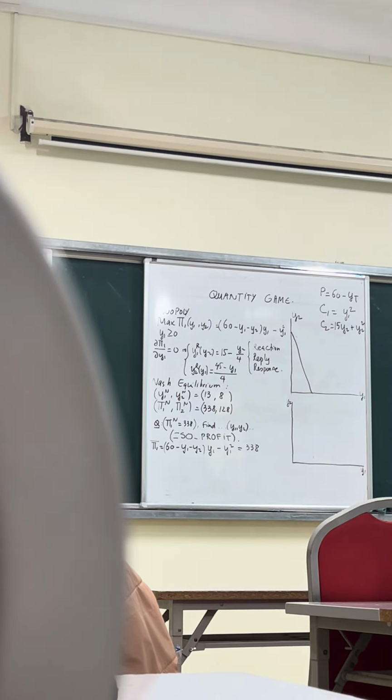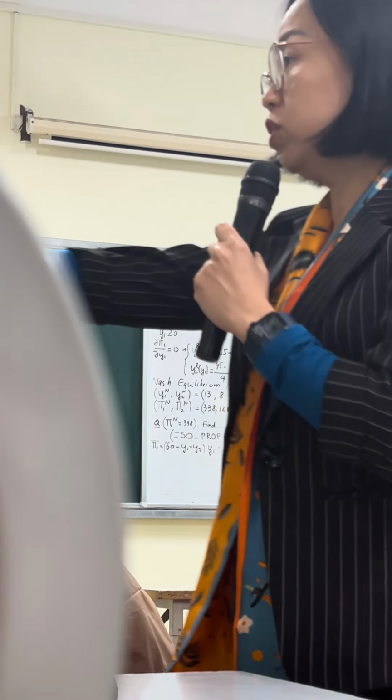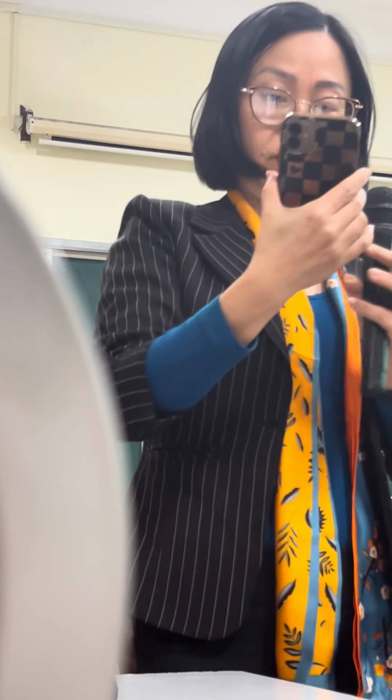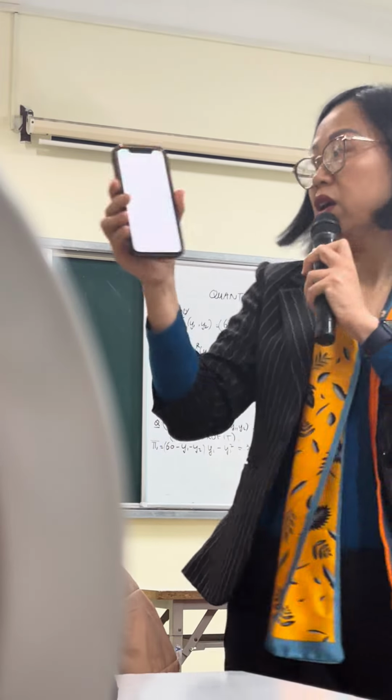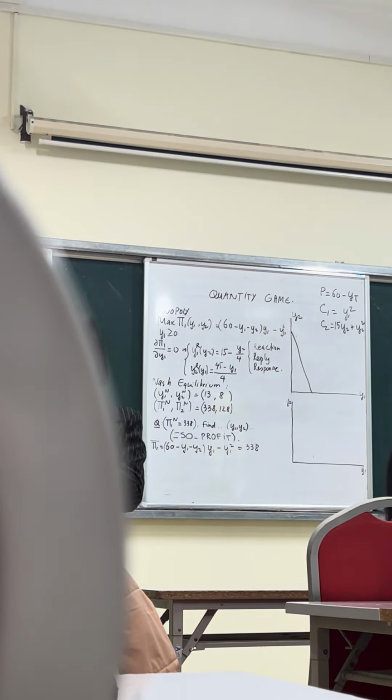Okay. Does anyone have it on a phone? I can borrow it and show it to the class. Anyone drew it? Okay, can I borrow yours? Okay, good. I want it to be in all 4 quarters like this.